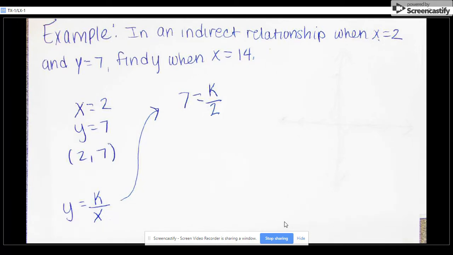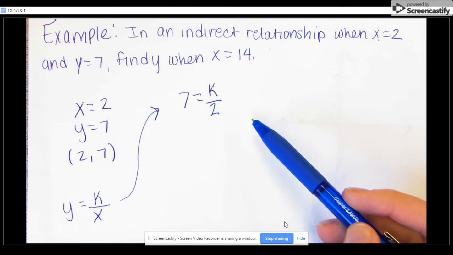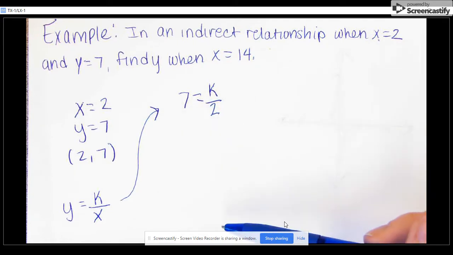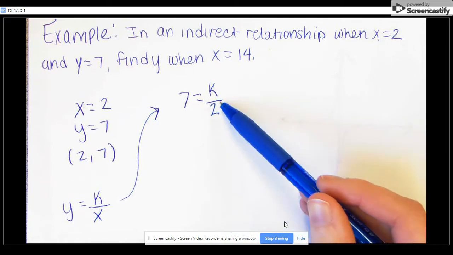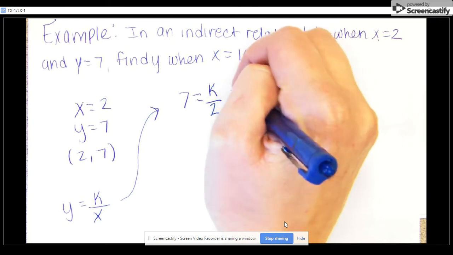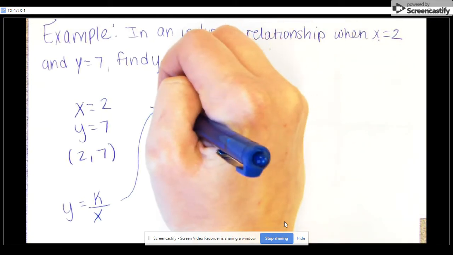So I need to get that x value away to leave the k alone, and I see that I'm dividing by 2. In order to make any number go to the opposite side of the equal sign, I always do the opposite operation. So instead of dividing by 2, I'm going to multiply by 2, and what I do on one side, I do to the other.